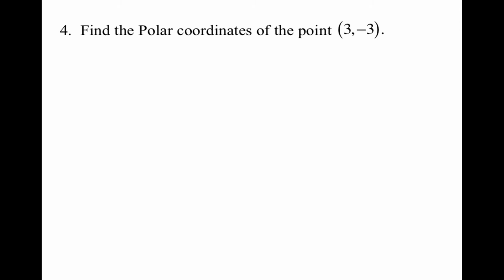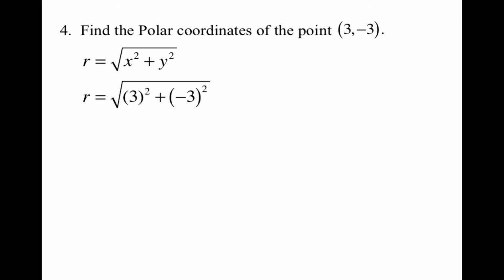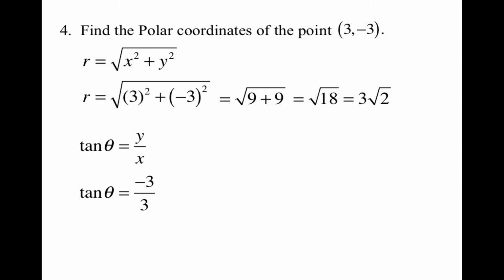All right, so let's see how we did. So to find the radius using the Pythagorean theorem and solving for r, you should get that the radius is 3 square root 2. Now to find theta, we have tangent theta equals -3 over 3, so tangent theta equals -1.